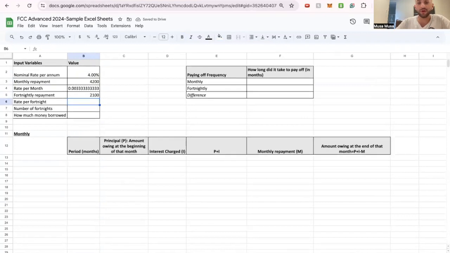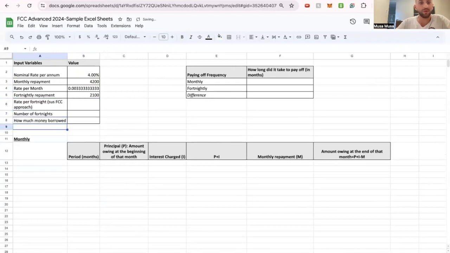The rate per fortnight is going to be, well, this is the SUS FCC approach. And then maybe we make another one.